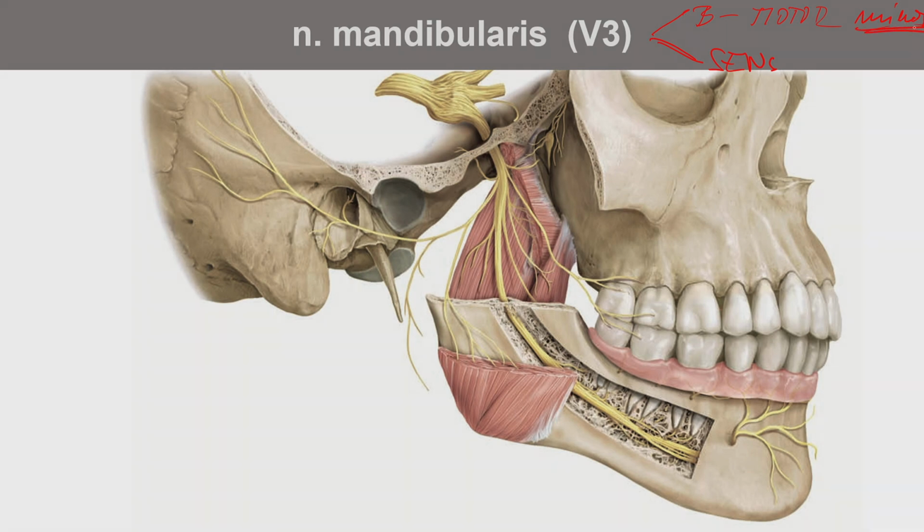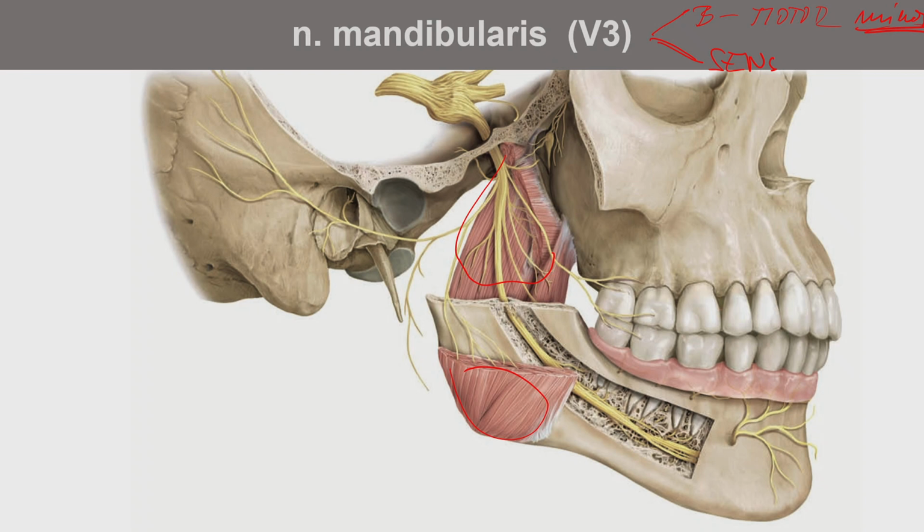Motor branches are branches which are innervating those muscles here and here, and those which are localized in palatum, and also the tensor tympani is going side by side with the Eustachian tube in the channel, going and entering middle ear.